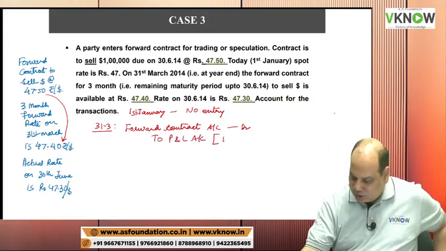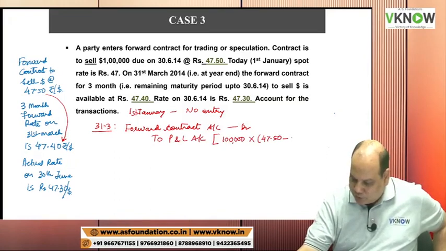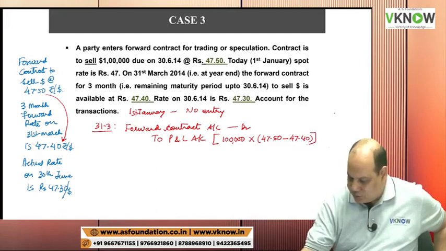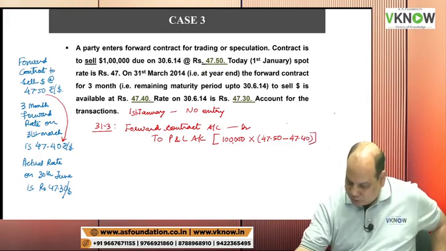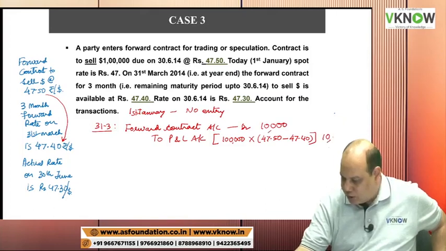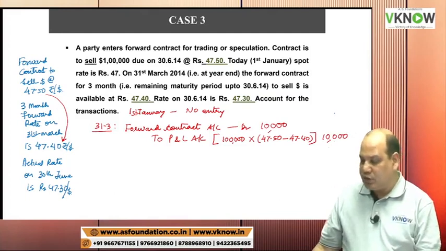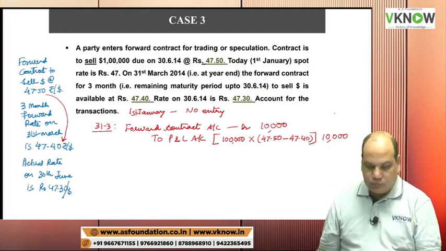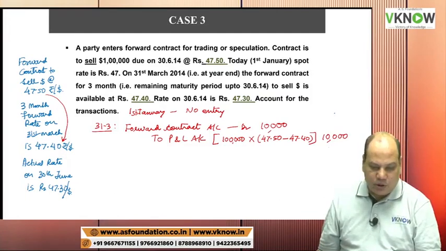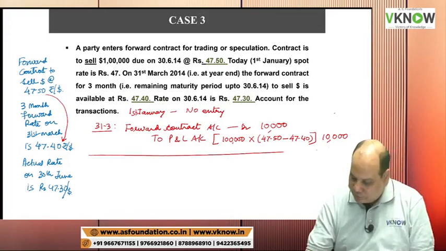To P&L account, 1 lakh dollar into the difference between 47.50 and 47.40, which is 10,000 rupees. So I am having a potential gain of 10,000 rupees.